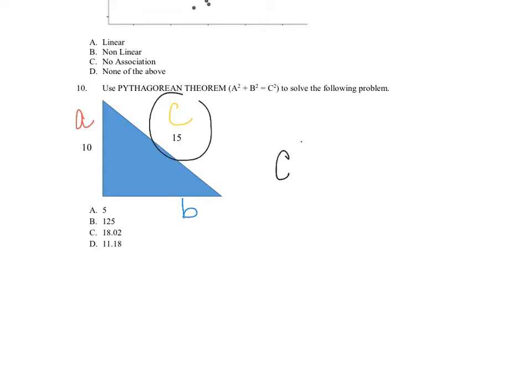So we would take the C squared minus the side length squared that we know. So in this case, C squared minus A squared equals B squared. Then fill in your numbers for the letters that you have. And your last step is always going to be to find the square root, and that'll give you B.